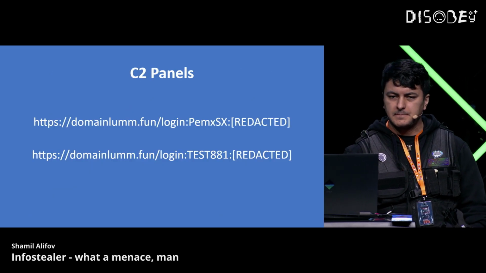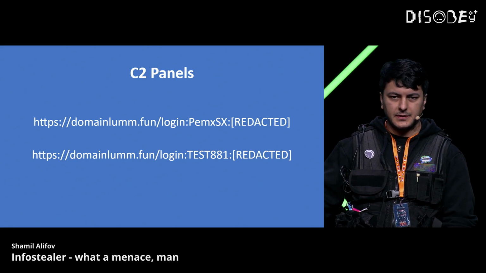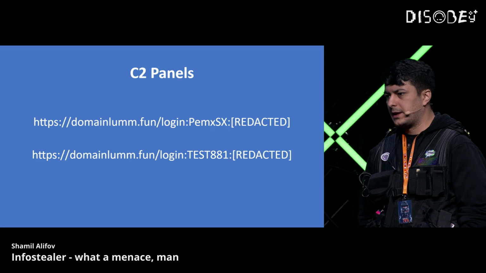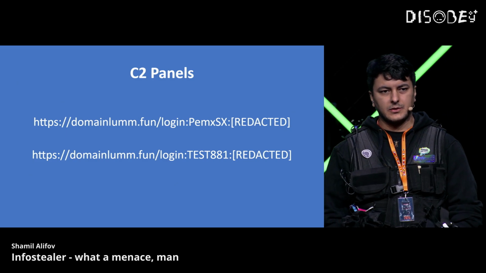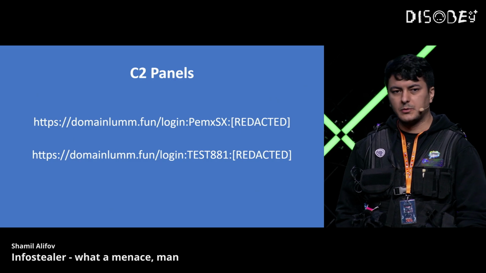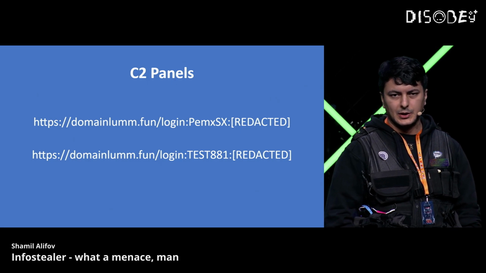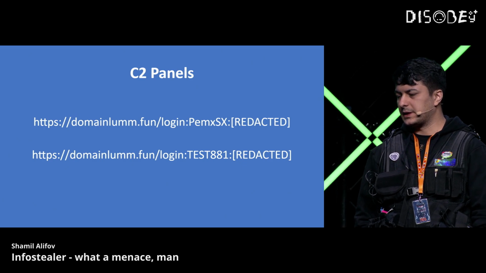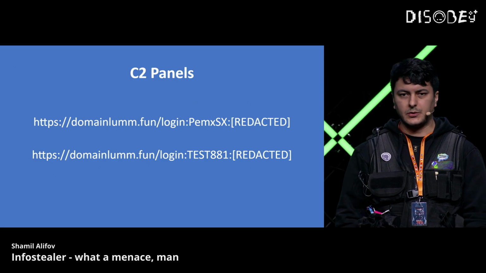All these kinds of malware have their C2 panels where the threat actors can log in. And I decided to look at the C2 panel logins for Infostealer. So I gathered, I think, 19 potential domain names used by the Infostealer, and I discovered 2.